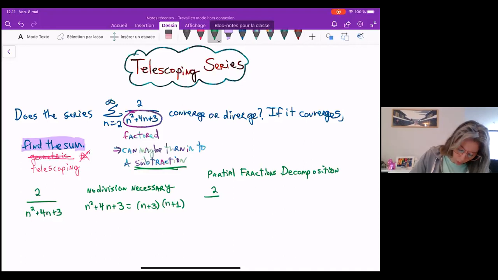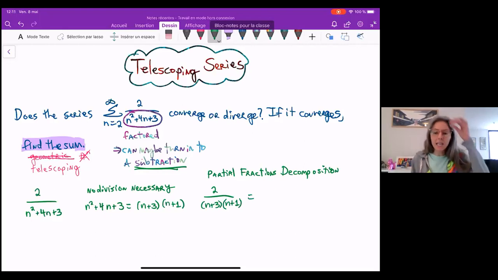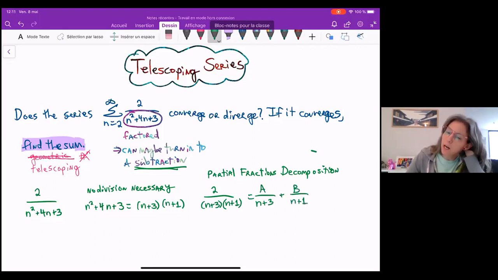So 2 over n plus 3 times n plus 1. These are both linear factors. They both only occur one time. So that means I'm going to separate it into two fractions with just a constant on top. Each factor of the denominator gets its own fraction, and they're linear, so there's just a constant on top.